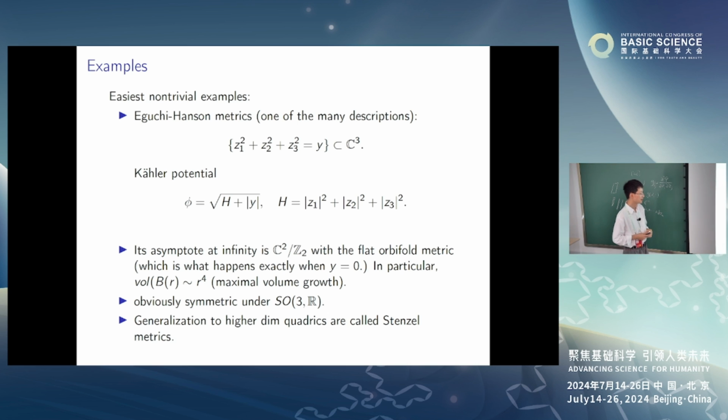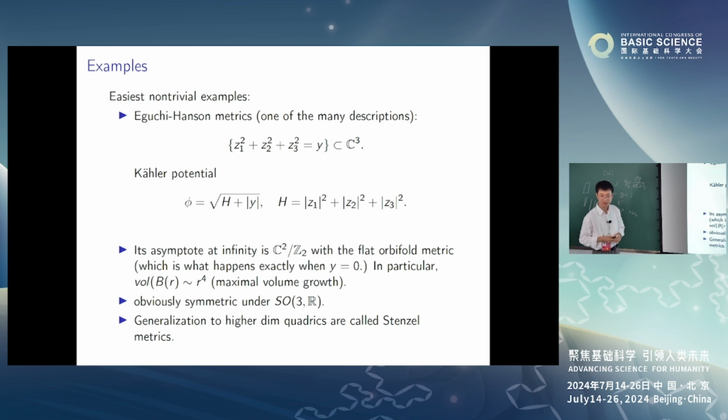One particular consequence is that if you look at the geodesic balls of radius r, the volume of the geodesic ball grows like r to the fourth power, where 4 comes from the fact that you are on a complex two-dimensional space, so the real dimension is 4. So the volume of the geodesic ball grows like r to the real dimension. This is known as the maximal volume growth case.